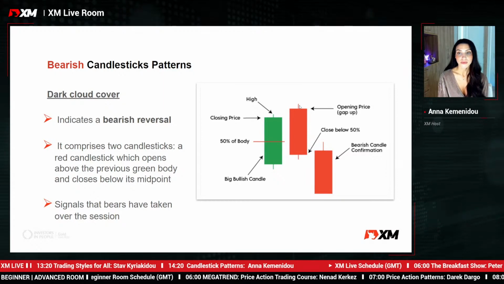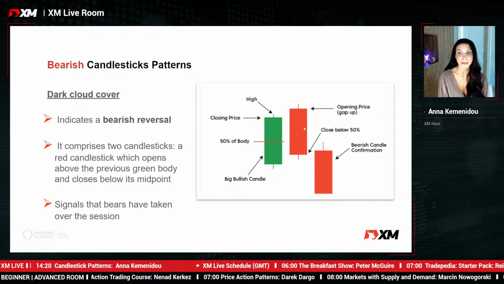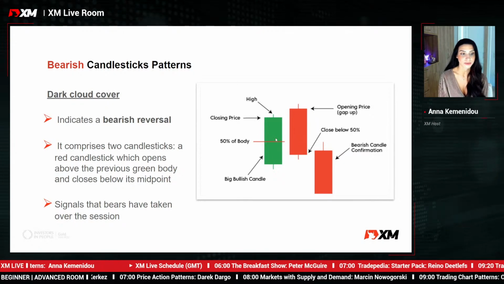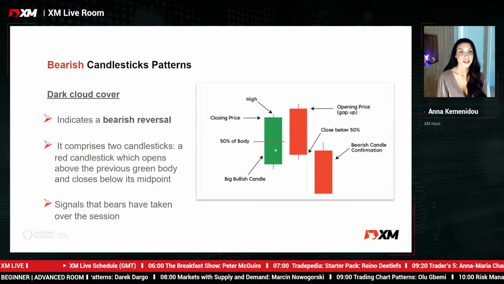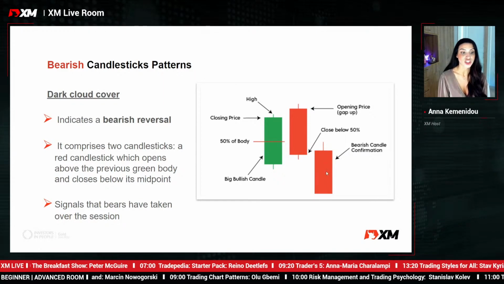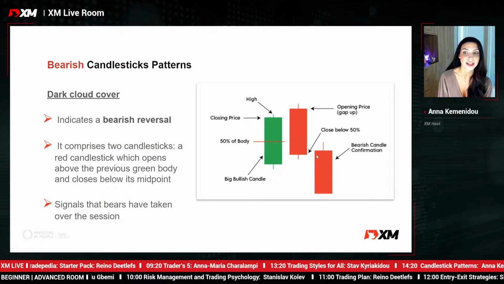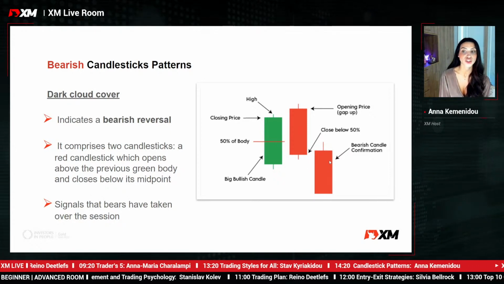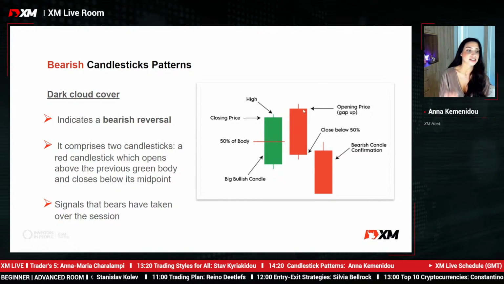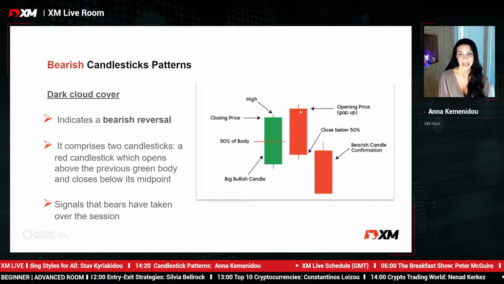So when the second candle closes below the 50%, so below the midpoint of the previous candle, this is the dark cloud cover. And then, of course, we need to have the third candle right over here. It should be red. And this is the bearish candle confirmation. So it's all up to this candle over here to confirm the bearishness and the strong bearish signal of this particular candlestick pattern.